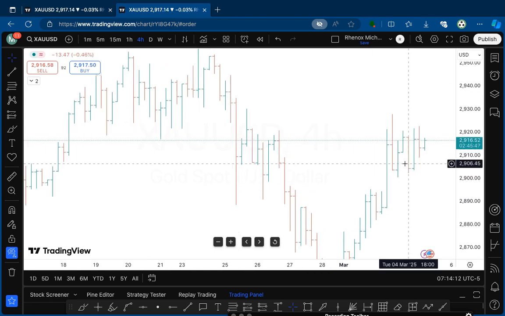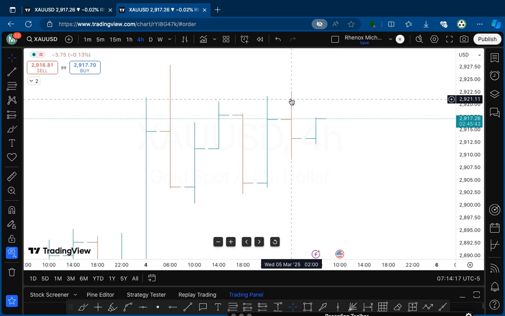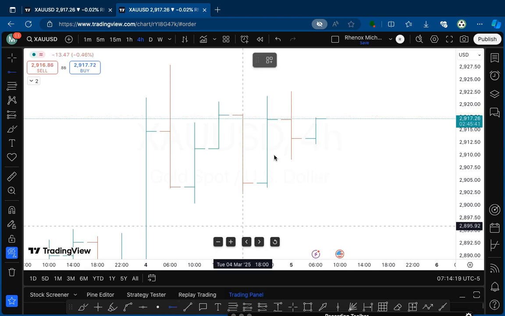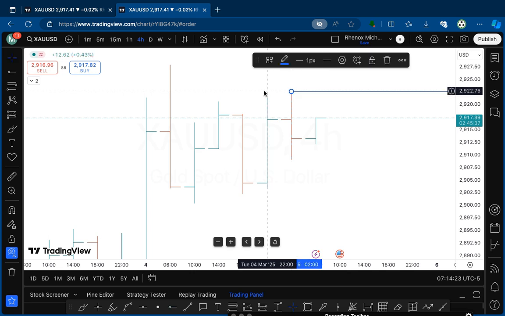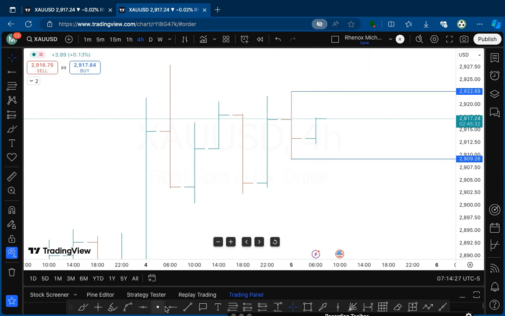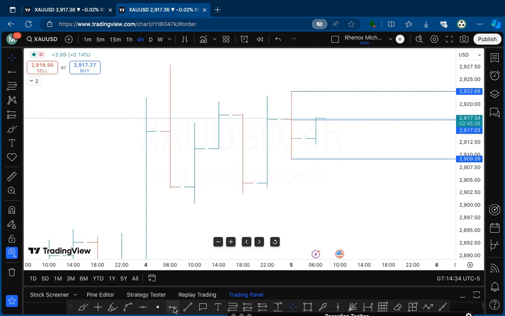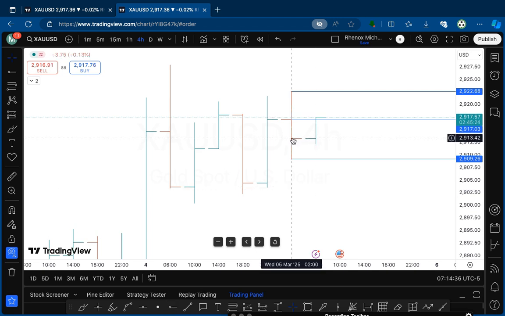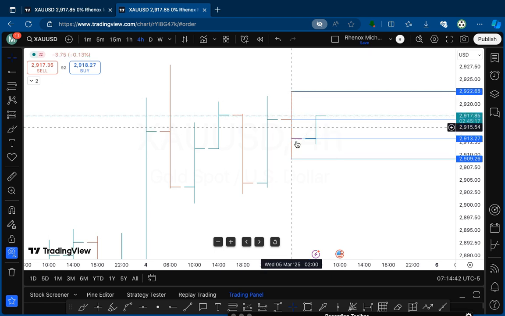Now if you look in here, you see there is a high. For this bar here, there is a high, then we have a low, then this should be the opening price, and then this is the close, the end. This is where price ended, because this is a sell bar.